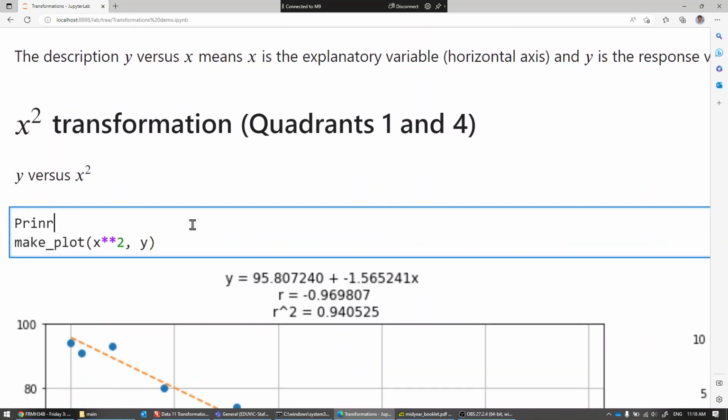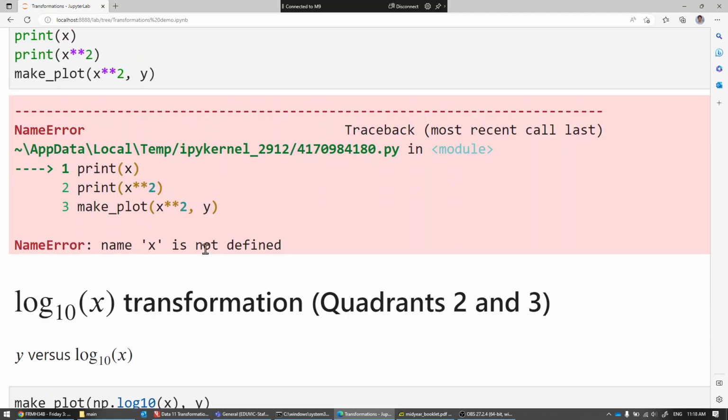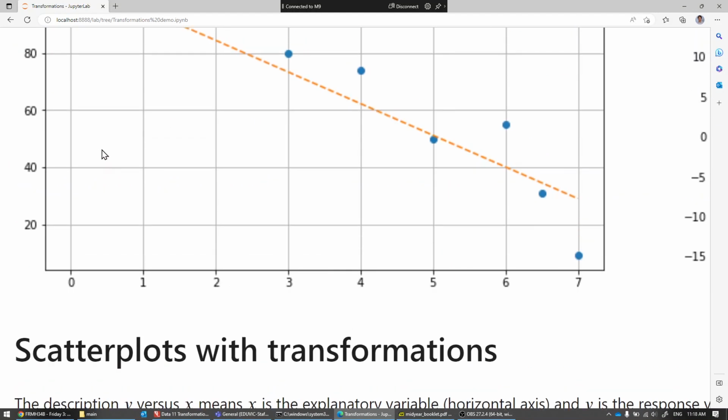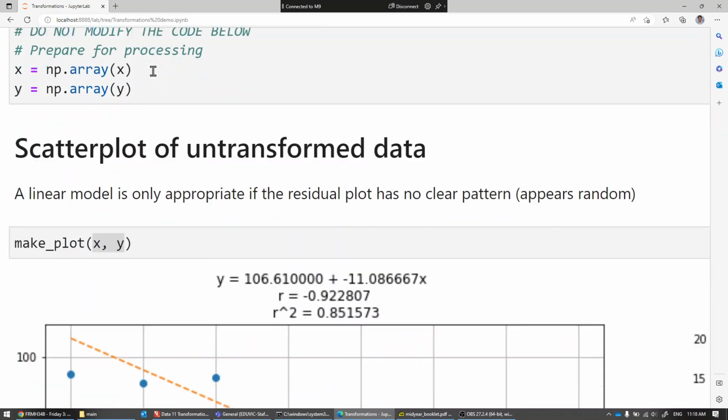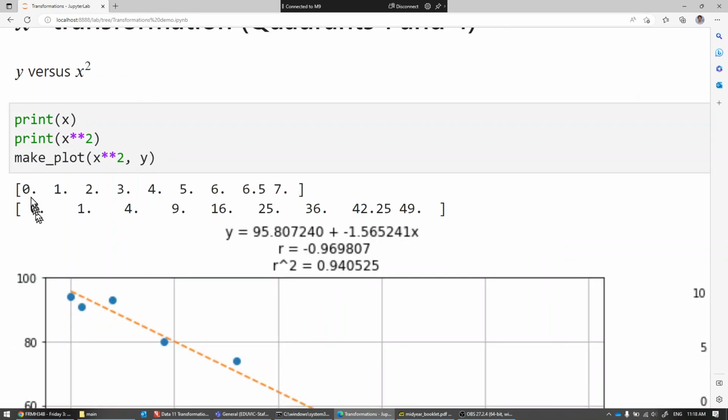So I'll show you x and x squared. Okay, so x is 1 to 7, and these numbers should be familiar to you. 1 squared is 1, 2 squared is 4, 3 squared is 9, 4 squared is 16. So I'm taking every x value and I'm squaring it.